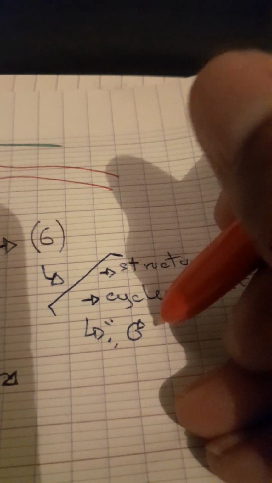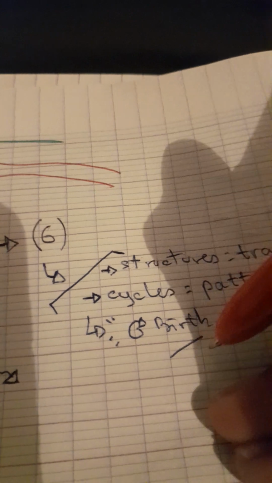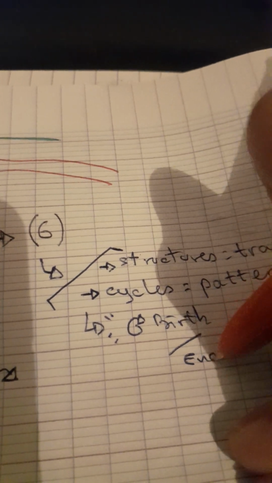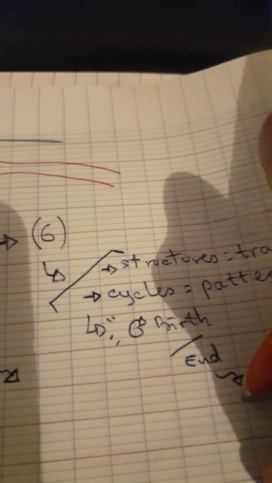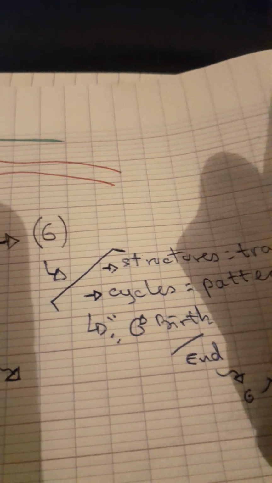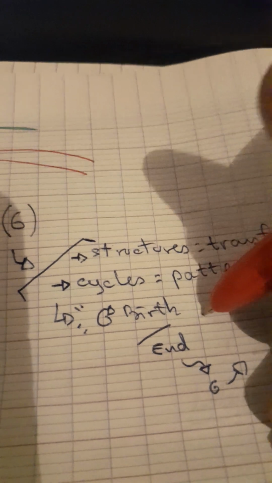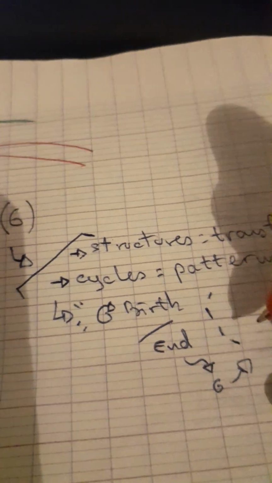So there will be birth or creation of material as the trees, and end, we're going to name it, so the going back of the form to its origin, and then of course becoming another form. So this is a cycle. And on this cycle, we will try to understand as closely as we can its patterns.